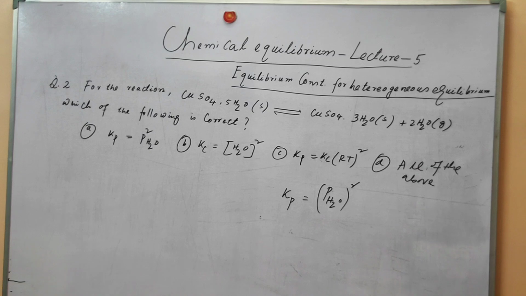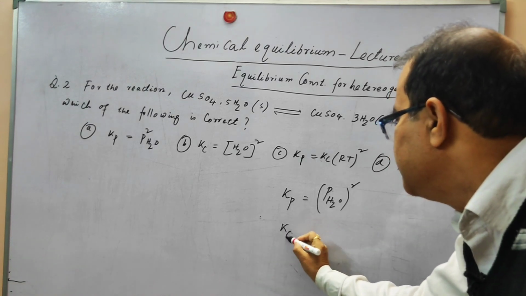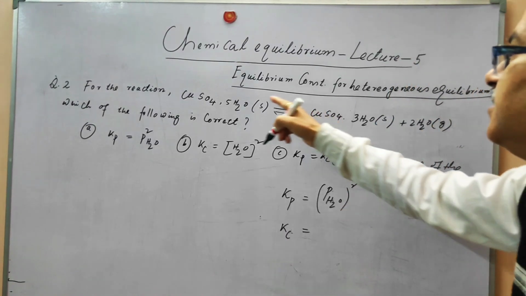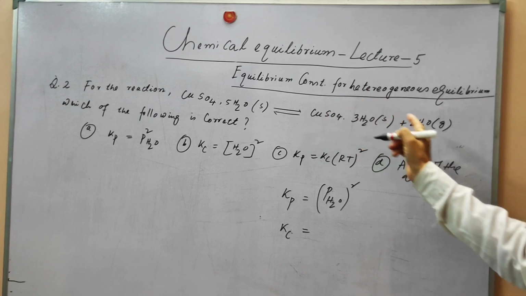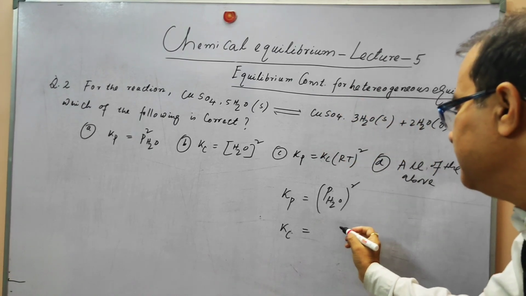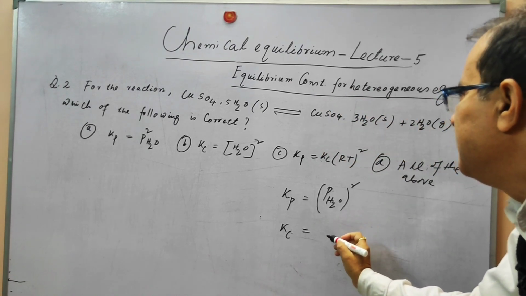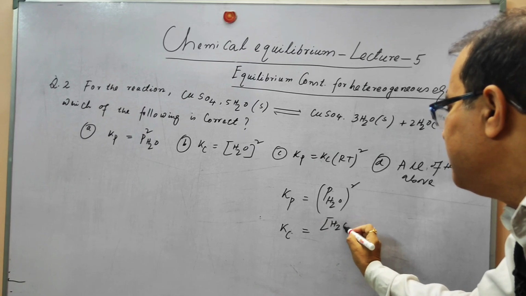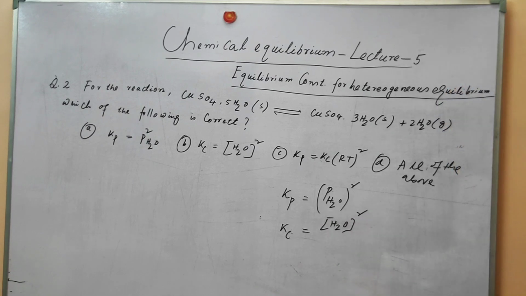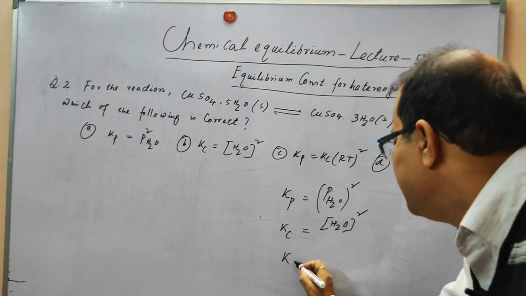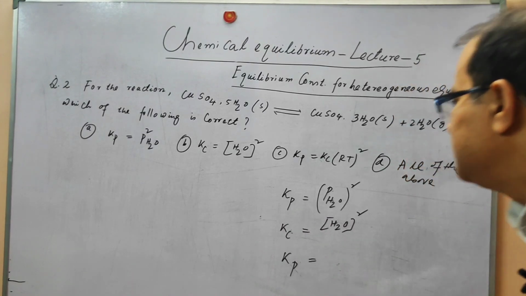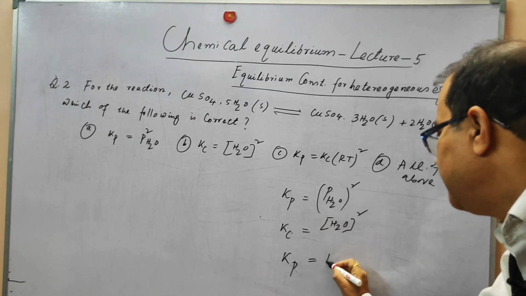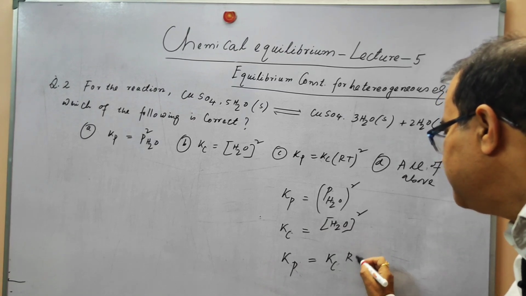Okay. Then Kc, when we write the Kc, the molar concentration of the solid phase will be constant. Then we can write this will be H2 the whole square. Right? Now in terms of Kp, we know this relationship, Kp equals Kc into RT to the power delta n.